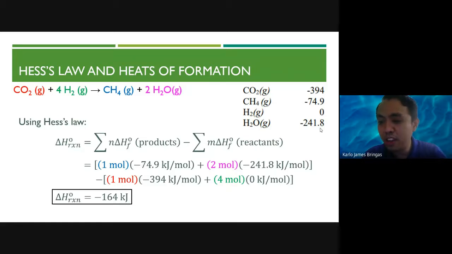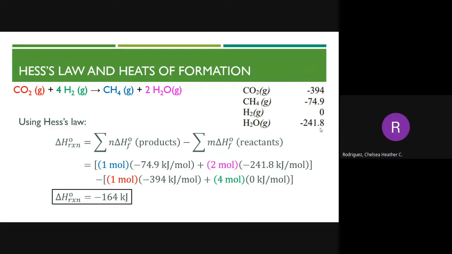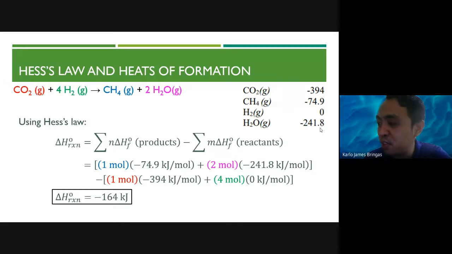Questions, clarifications? Na-follow lang how we use Hess's law for the heats of formation. Yes po, sir. Okay, thank you so much.